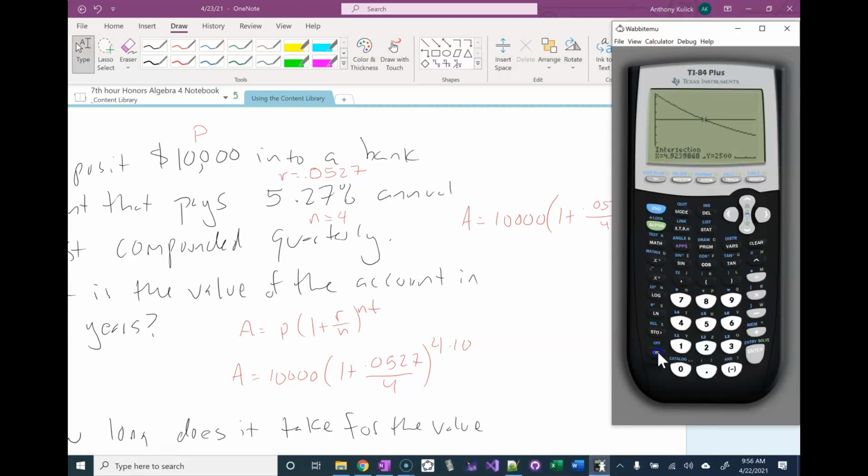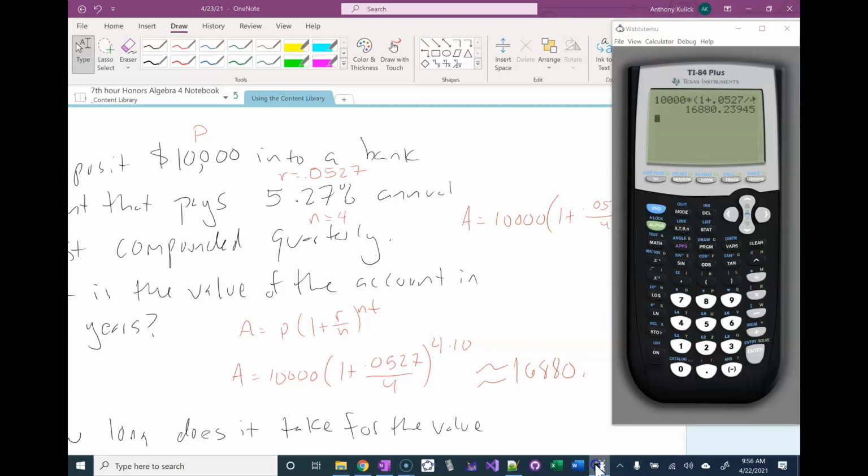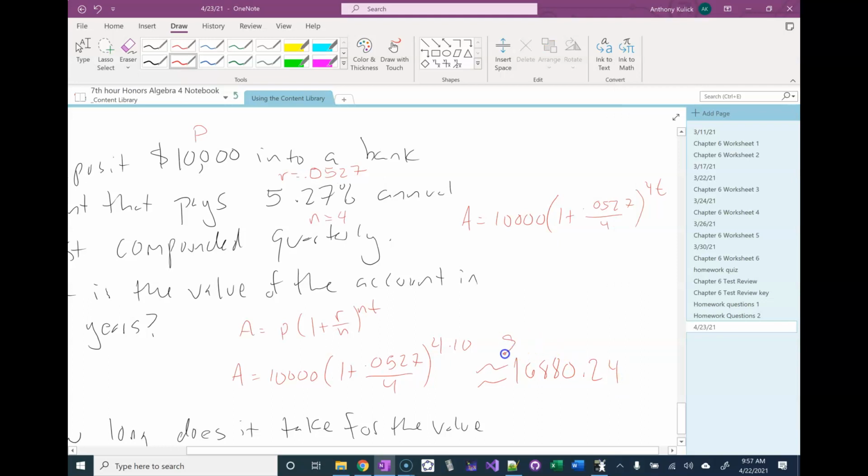If I go to my calculator home screen, 10,000 times 1 plus 0.0527 divided by 4, to the 4 times 10 is 16,880 and 24 cents.